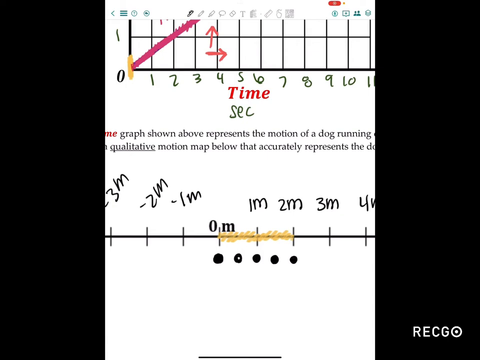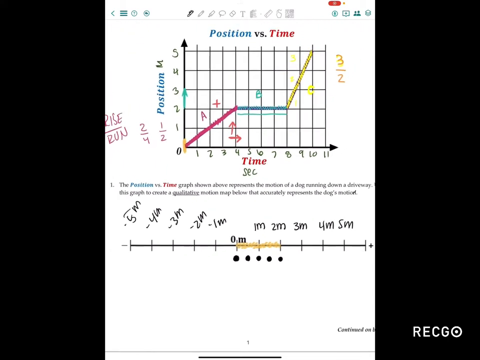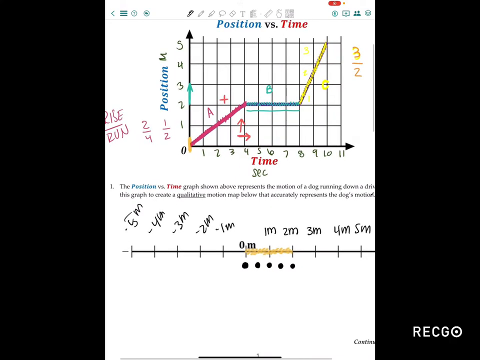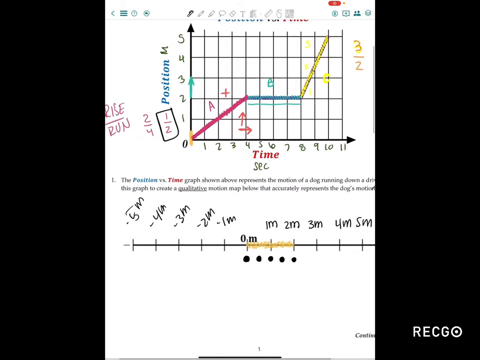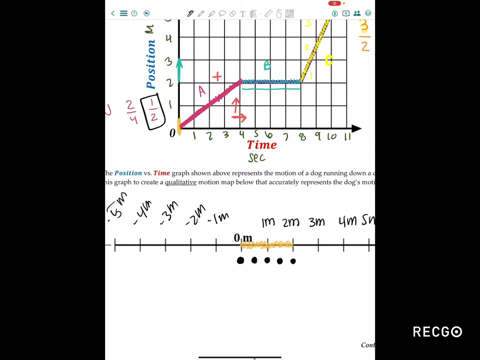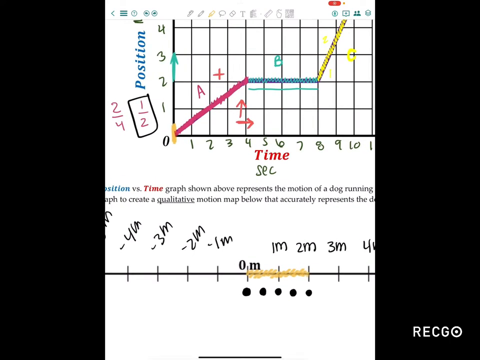And this is also where your slope comes in handy. Here's our 1/2, because every half of a meter, we put a second. Okay, so make sure you include this 0 seconds. Another way you can think of this, or when you're plotting your points, you go 1, 2, 3, 4, 5. I am plotting 5 dots.